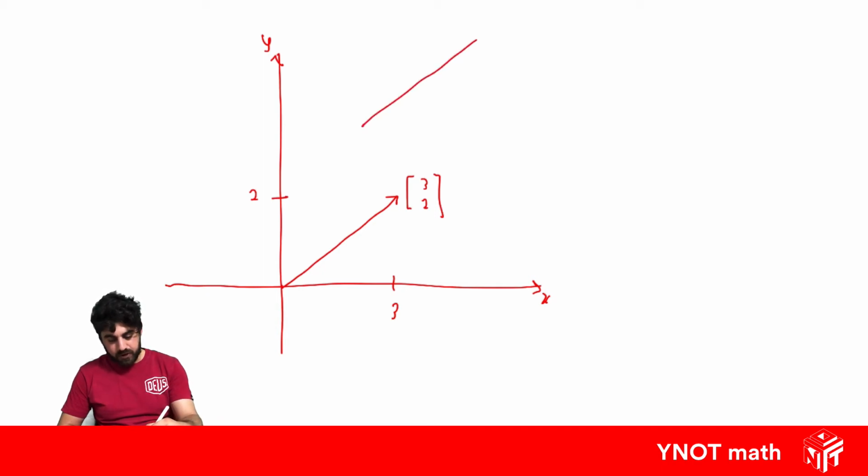But there are also an infinite amount of vectors with the column matrix 3, 2. So it doesn't matter where they begin, they'll all have the same column matrix to represent these vectors as long as they move across 3 units on the x-axis, then up 2 units on the y-axis.